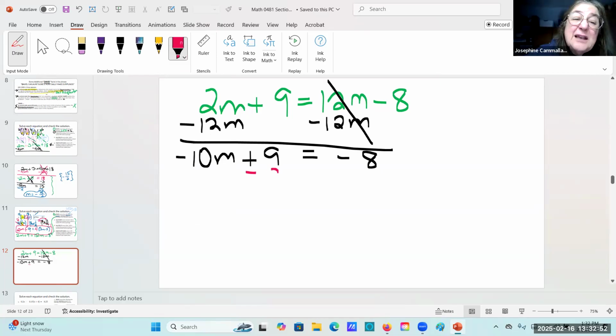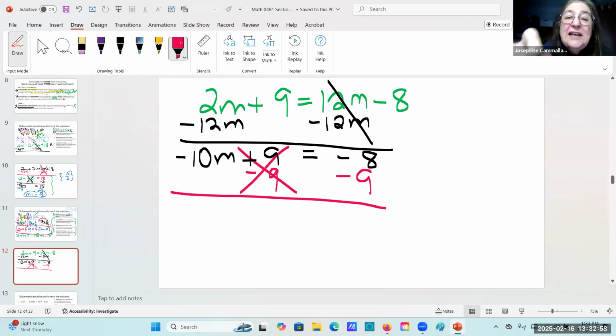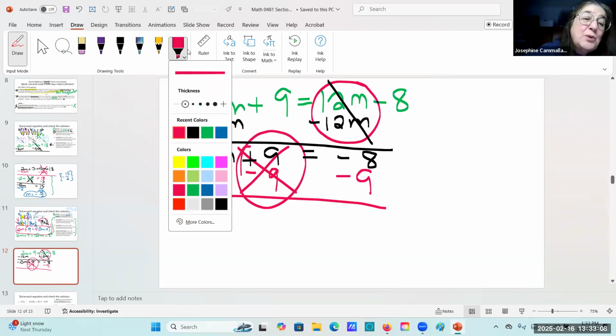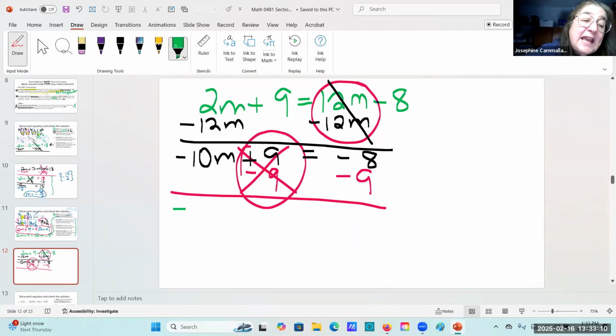I am subtracting 9. This is canceling. Now notice here, I canceled the letters on the right. I'm canceling the numbers on the left. And this will bring me to negative 10m is equal to negative 17.